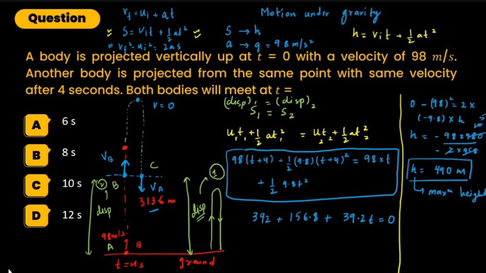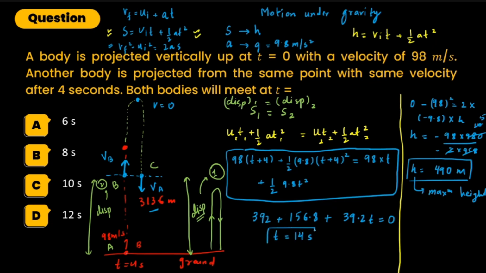If you solve it, you'll get something like that. So we can say the time is going to be 392 plus 156.8 divided by 39.2, which is going to be 14 seconds.